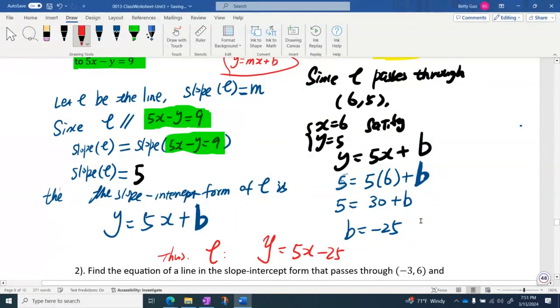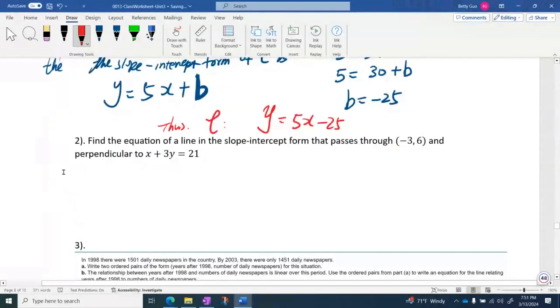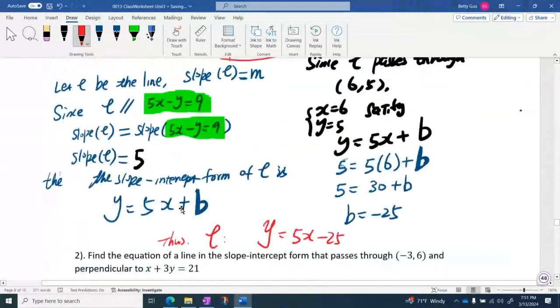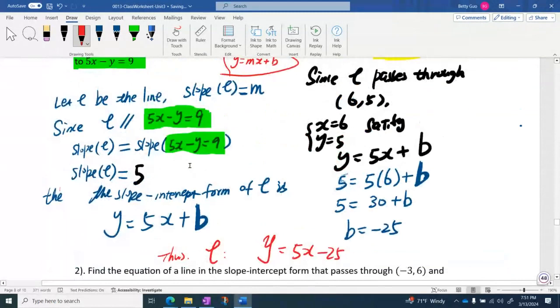And that's the solution. We passed the time. I'm not going to elaborate more because next time when we see number 2, most of the parts are going to be similar.